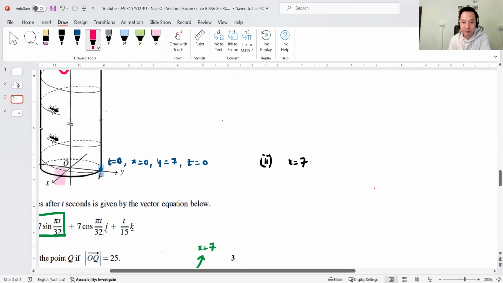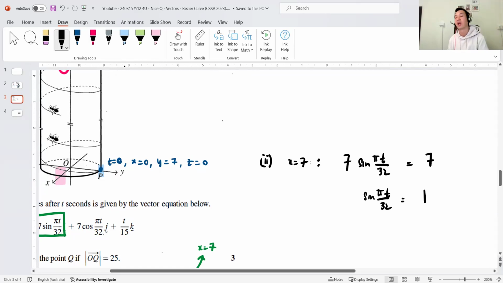So when x equals 7, I've got 7 sine(pi t on 32) equals 7. So then sine(pi t on 32) equals 1. And I know on the sine graph, it hits 1 at pi on 2. So if I inverse sine, that equals pi on 2.